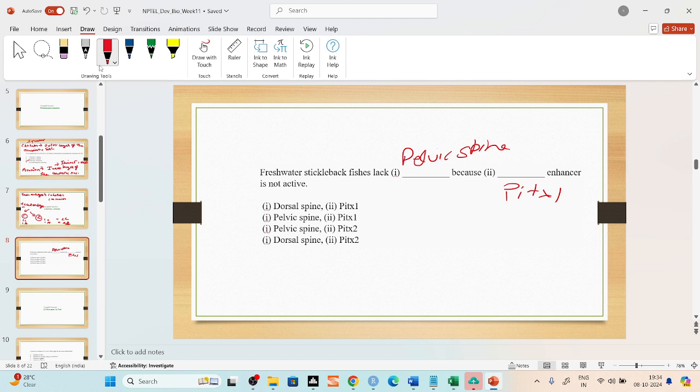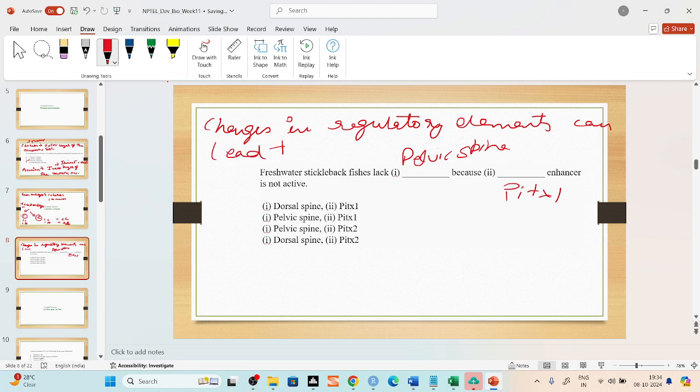Okay, this line is very important. What I'm trying to say is that changes in regulatory elements can lead to morphological differences.